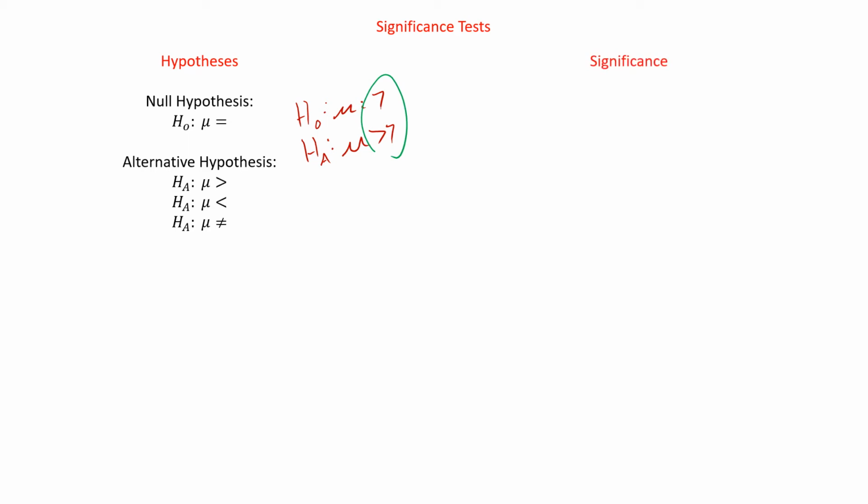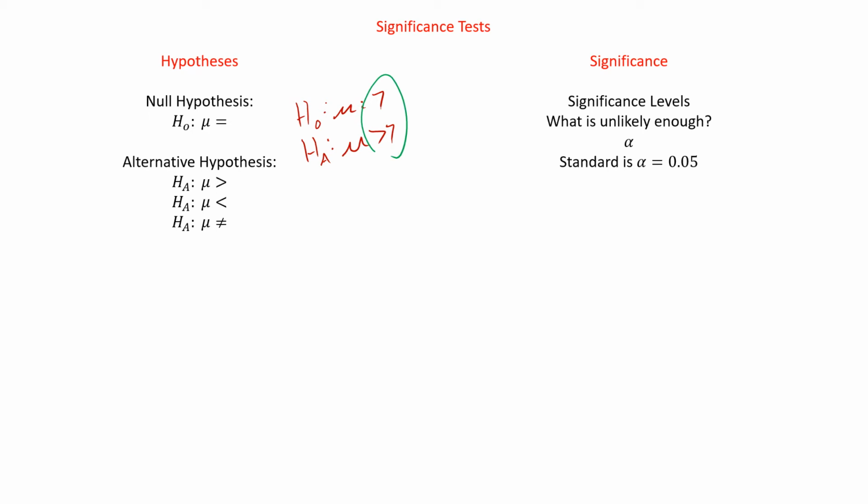Significance. That is, is it different enough? We have significance levels. And that, again, is that threshold. Like, what is unlikely enough for it to count? The variable we use for that is alpha. And the standard significance level is alpha equals 0.05.